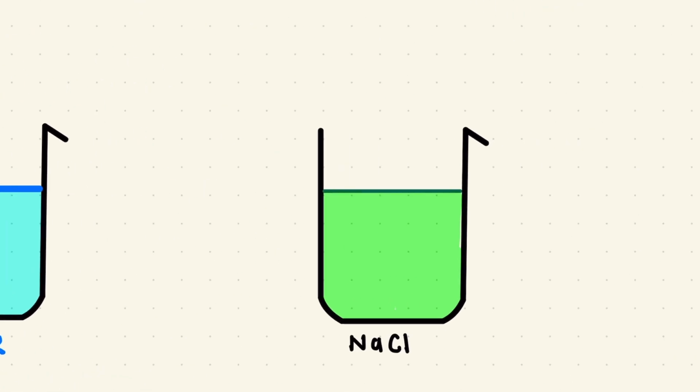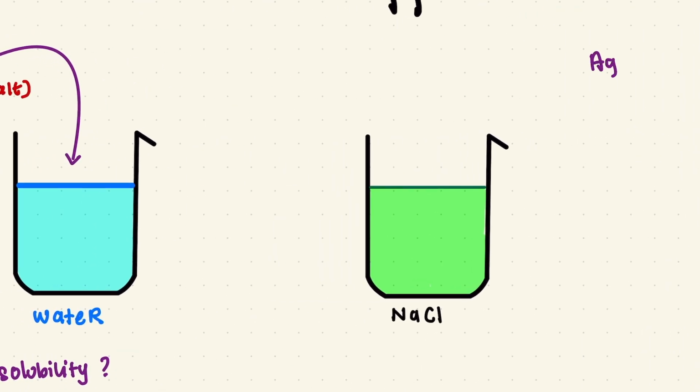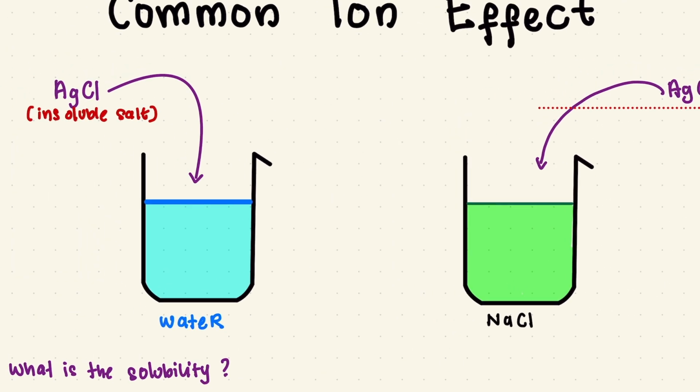But how about if we add argentum chloride in sodium chloride? What will happen to the solubility? Okay, so what is the difference between water and salt? Now, water only contains H plus and OH minus.